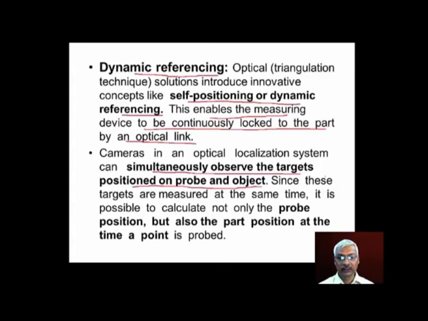That means the targets, or in other words reflectors, are placed on the workpiece to be inspected, and also on the probe, and these targets and reflective surfaces are continuously observed by the cameras. Since the targets placed on the object and on the probe system are measured at the same time, it is possible to calculate not only the probe position but also the part position at the same time.